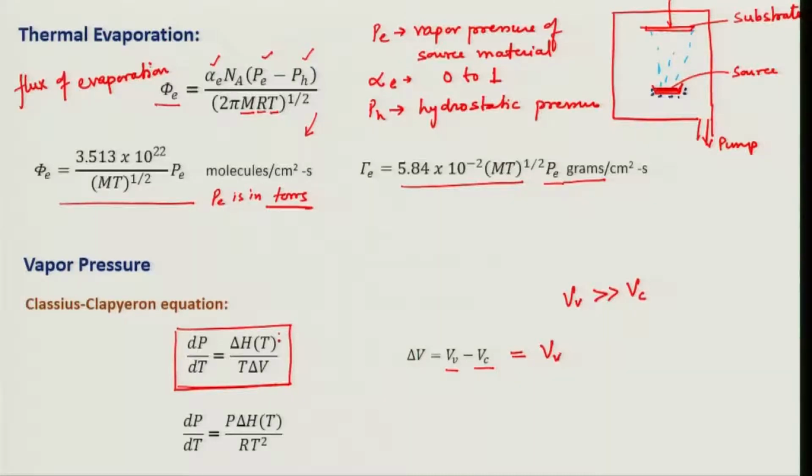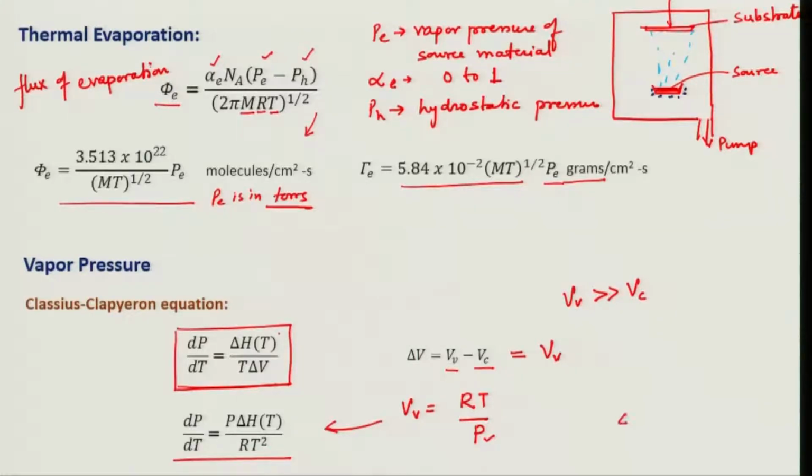Now, we also know that V can be written as RT over pressure. When the source goes into gas phase, it will take the volume of the entire chamber, and its pressure would be related to its temperature and the pressure of these source atoms or molecules. So, we can introduce this expression to get this expression here.